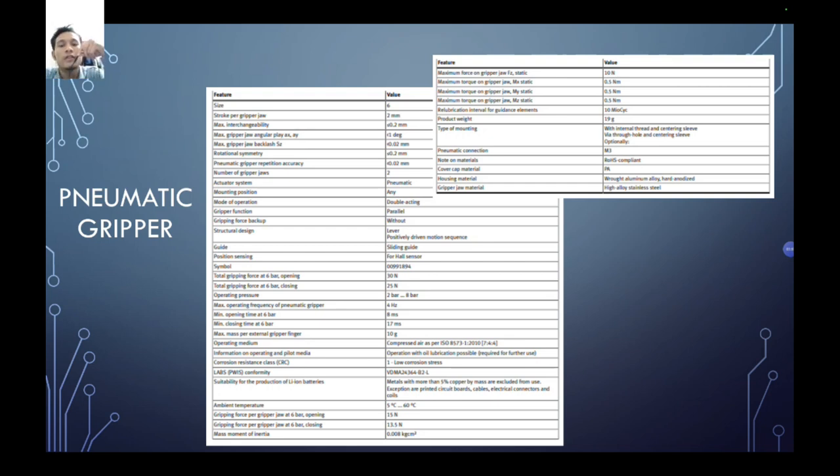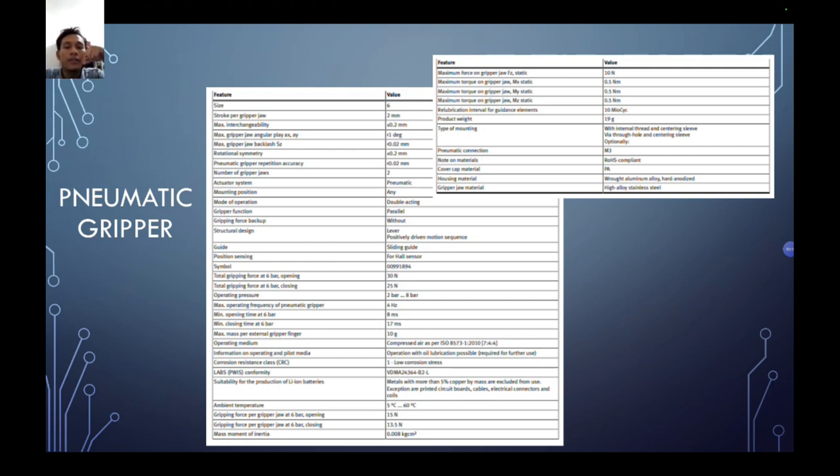Total gripping force is 30 Newton for opening and 25 Newton for closing. The operating pressure is 2 bar to 8 bar. The operating frequency is 4 Hz.